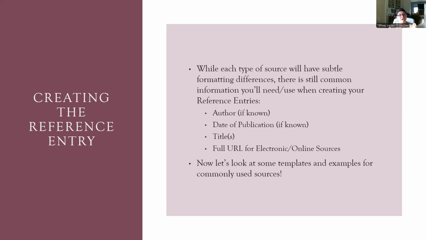Because think about it again, what you're doing in the reference entry is showing your reader how to find your source. So how can we make that easy for them? We give them the author's name, if there is one. We give them the date of publication. We give them the title. And if it's an online source, we give them the full URL so they can click on that link and be taken straight to that spot where you found your information.